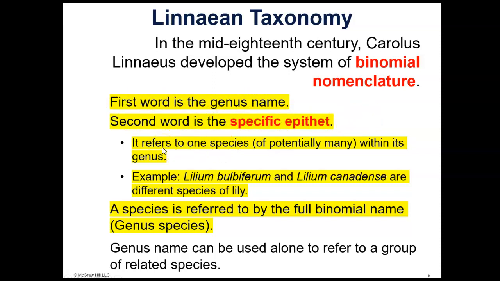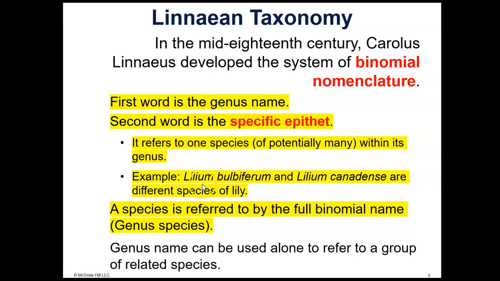That two-part name refers to one species. For example, this is the species name for a certain type of lily. It's called Lilium bulbiferum. And there's another one called Lilium canadense. Lilium bulbiferum and Lilium canadense are both lilies.